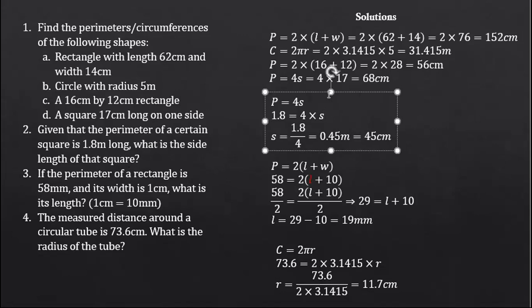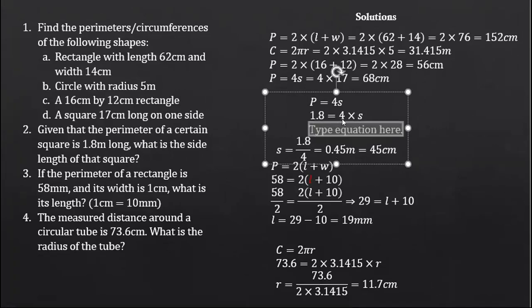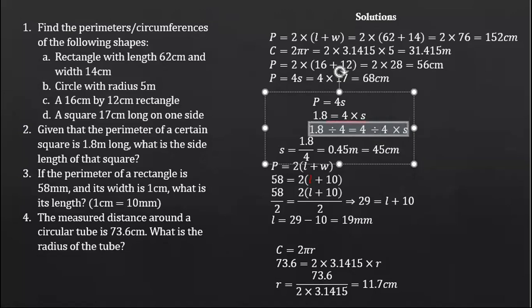Here, what we are going to do is divide 1.8 divided by 4 is equal to 4 divided by 4 multiplied by s, because we don't know what s is, right?